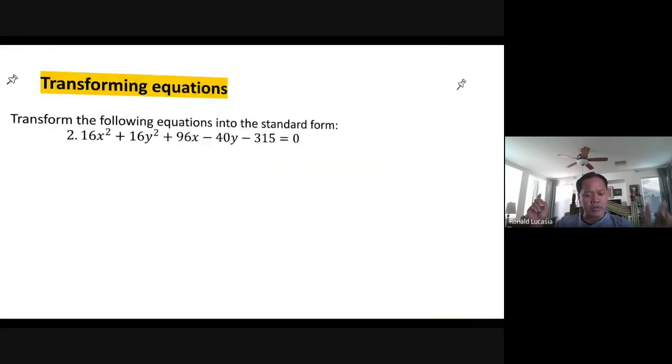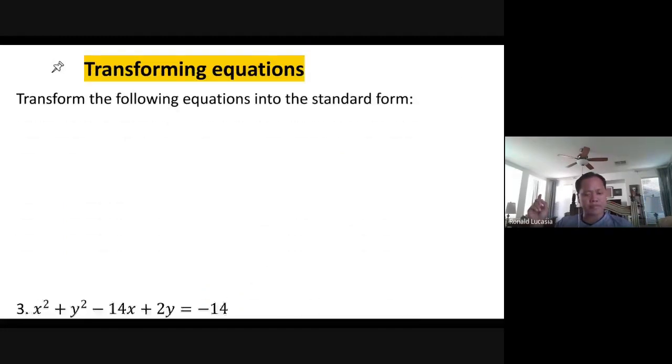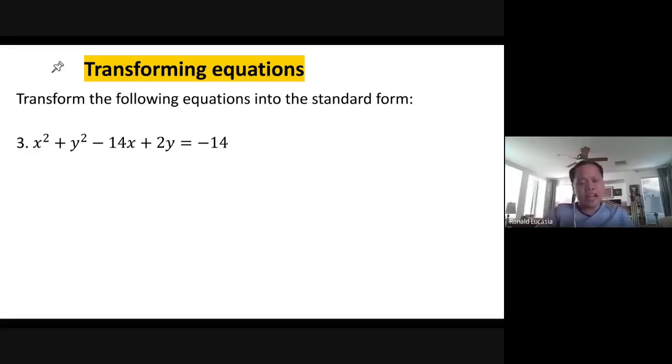You have to try this one. Number 3. Kailangan ko ng center at radius. Okay, in 3 minutes.